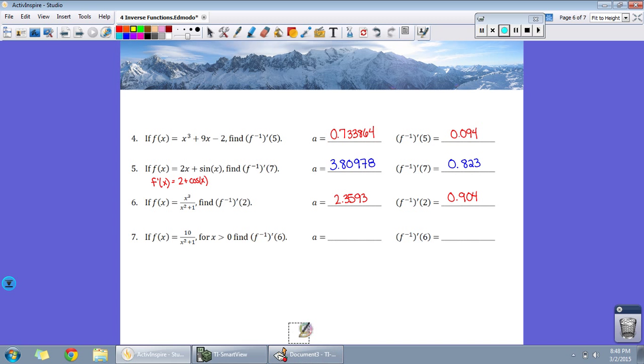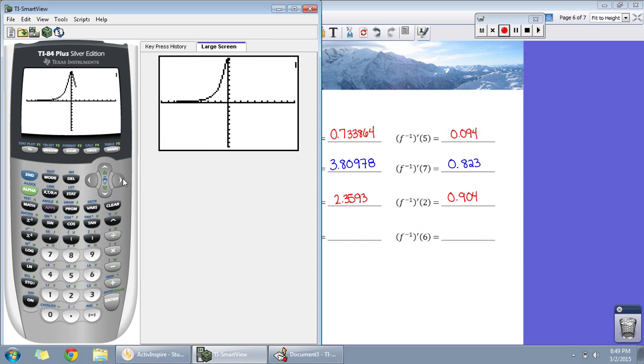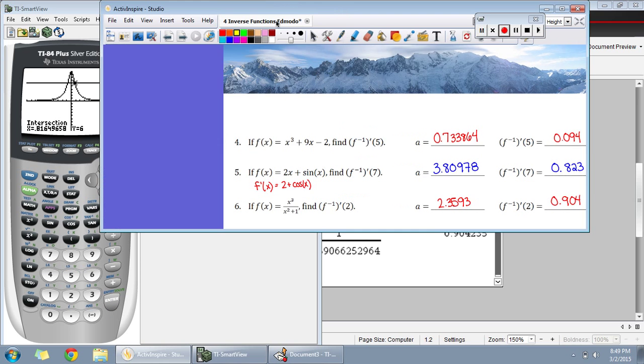And then last but not least, we're going to graph this one on the TI-84. And we got graph. And this is for x greater than 0, so we're only interested in this intersection. So we got second trace 5, and we want to make sure we're to the right of 0. So we got enter, just a little bit more to the right, enter, enter. And here's our x value.